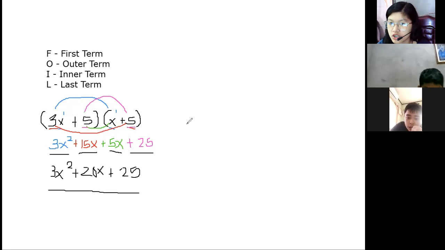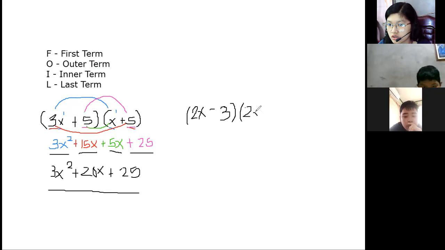Another example, sige. We have 2x negative naman. Negative 3 times 2x plus 4. Again, yung FOIL method.